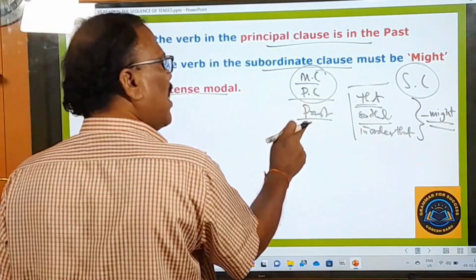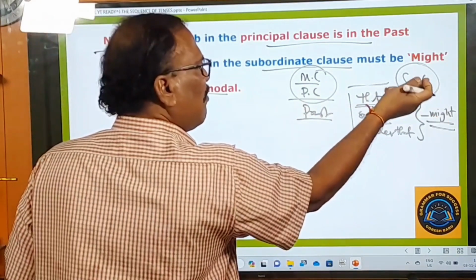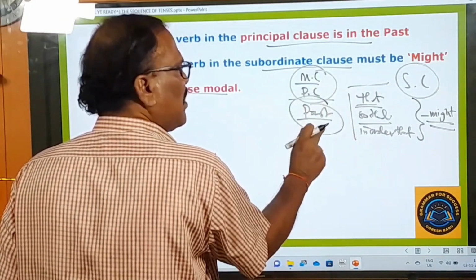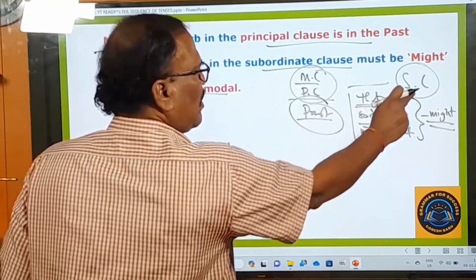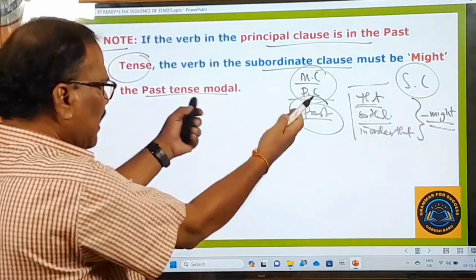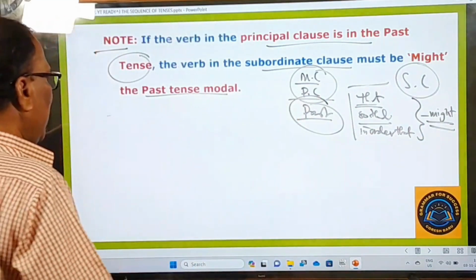If there is present tense or future, in the subordinate clause there must be may. But whenever there is past tense in the main clause, in the subordinate clause there must be might, the past tense modal. That thing you are going to learn here.